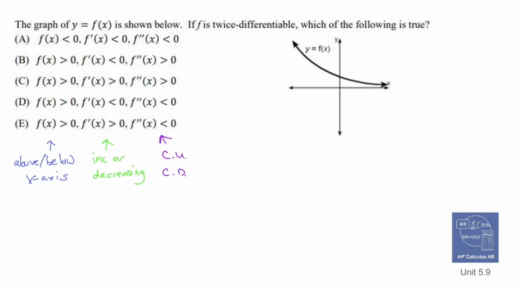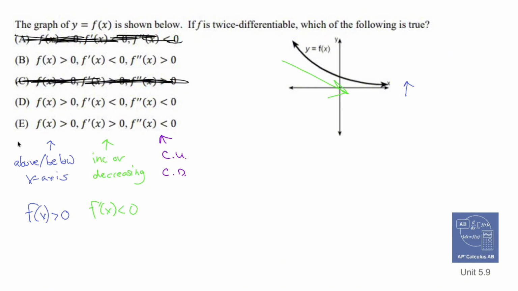Now let's find out what we have in blue first. This is above the x-axis, the whole thing. So f of x is positive, which eliminates one option. Now, this whole function is going down and to the right, which means it's decreasing, which means f prime of x is less than 0, which eliminates two more options.